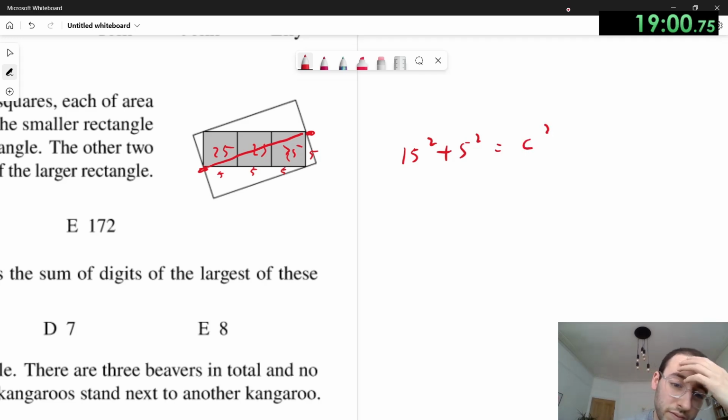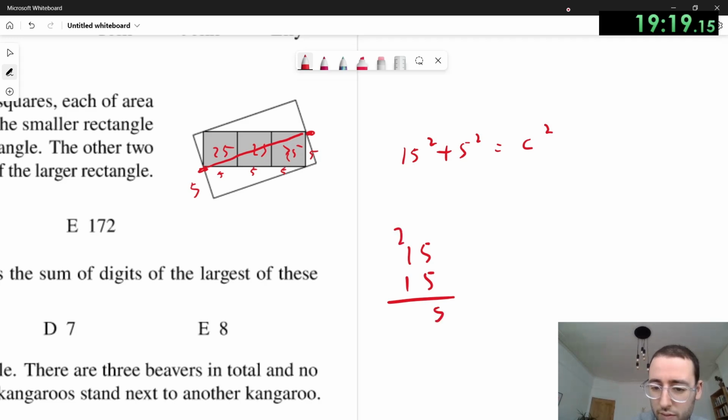A little bit silly doing that. Math Challenge usually doesn't like such big numbers, but 15 squared is like 225 or something.